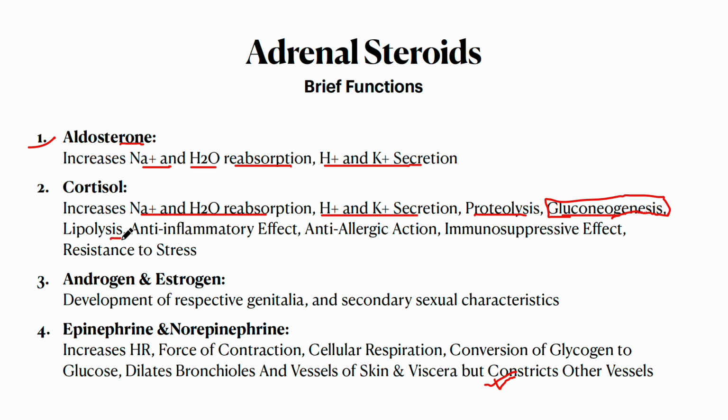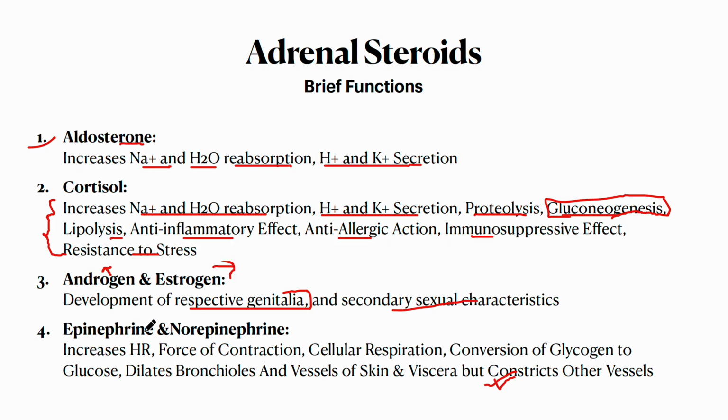So lipolysis, anti-inflammatory effect, anti-allergic action, immunosuppressive effect, resistance to stress, these all are the functions of cortisol, right? So in androgen and estrogen, development of respective genitalia. That means estrogen will lead to development of female genitalia and androgen to male genitalia, and also secondary sexual characteristics in both males and females, right?